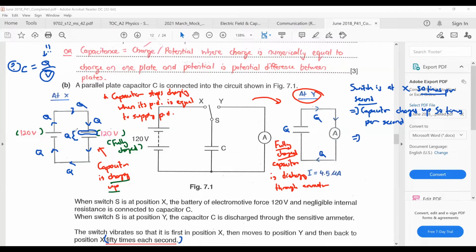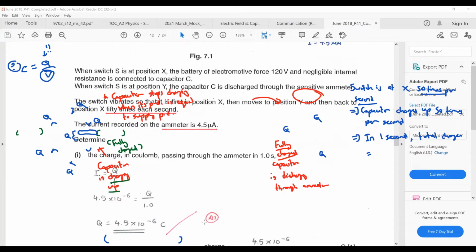So whatever Q you have here would eventually be discharged through the emitter. Okay, so here just now you already did something related to this where you say that in 1 second, the total charge is 4.5 times 10 power minus 6 coulombs.